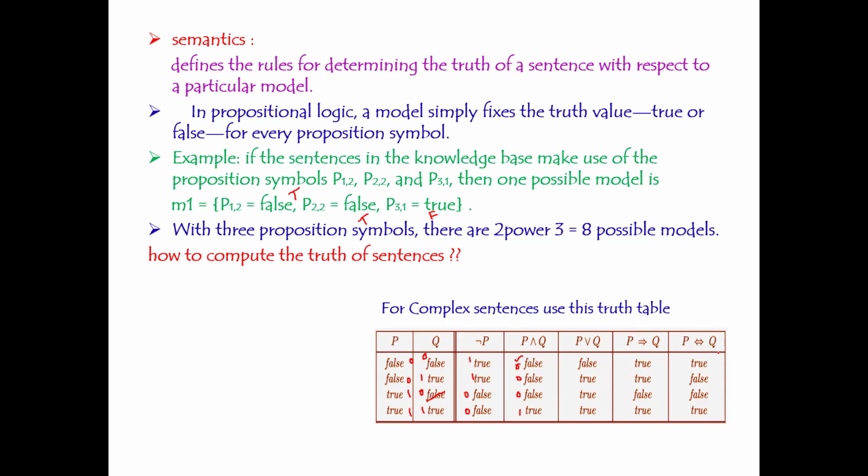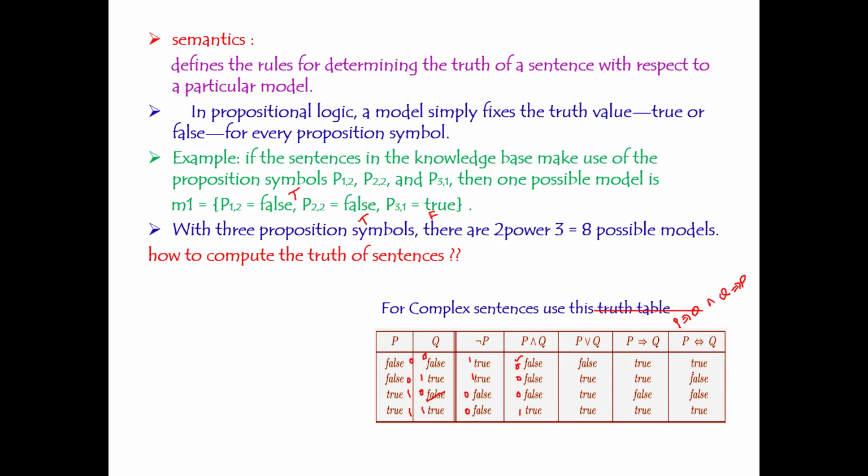So then coming to P if and only if Q. So then when both P and Q are false, it is true. When both P and Q are true also, it is becoming true. In rest of the cases, it will become false. So this we will be studying as P implies Q and Q implies P. So in both the cases, it should be true.